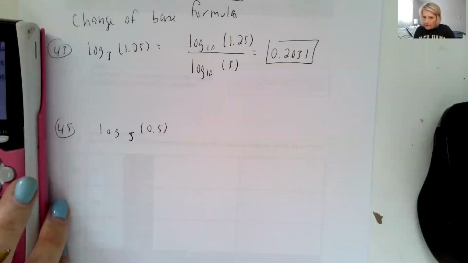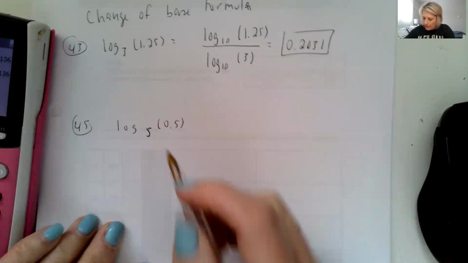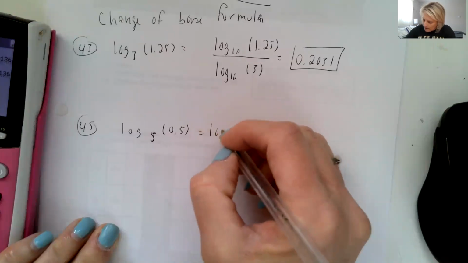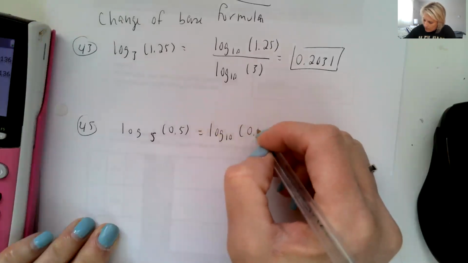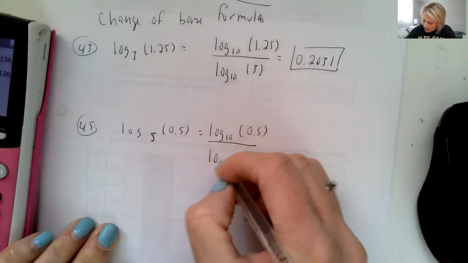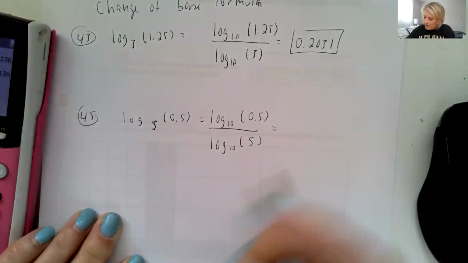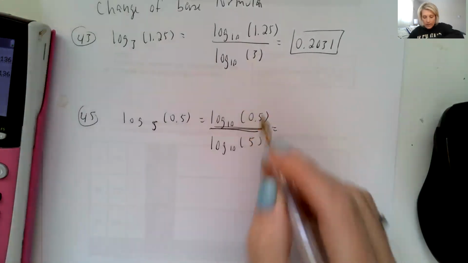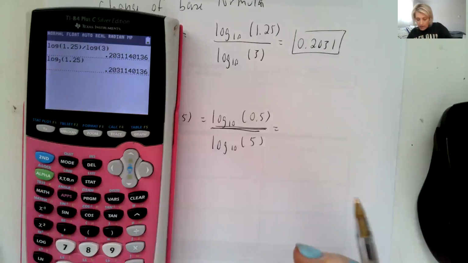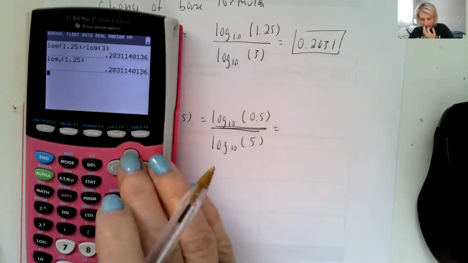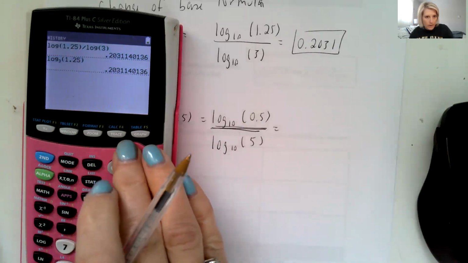Okay, so number 45 is going to be log base 10 of 0.5 over log base 10 of 5. And like I said, you can either use this or you can use your log base formula on your graphing calculator.